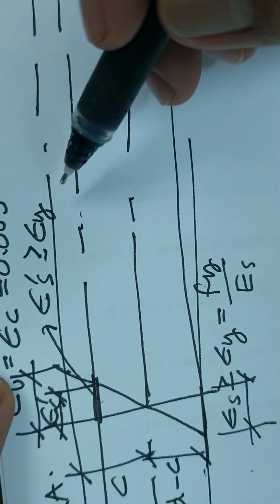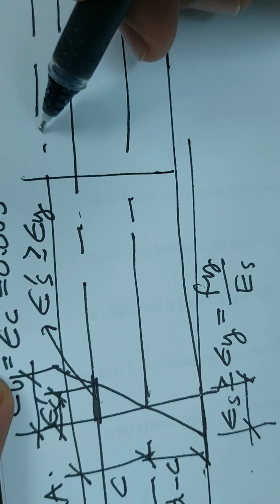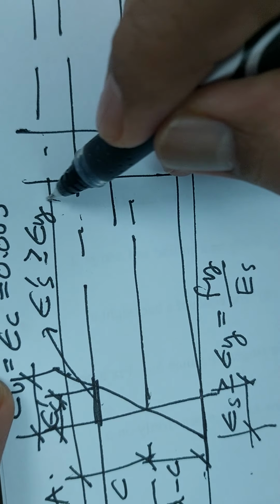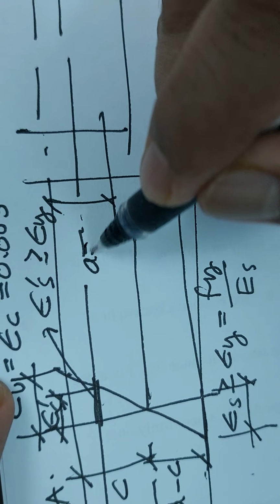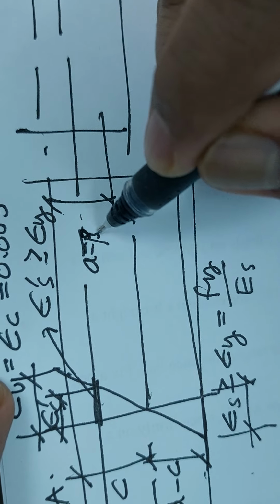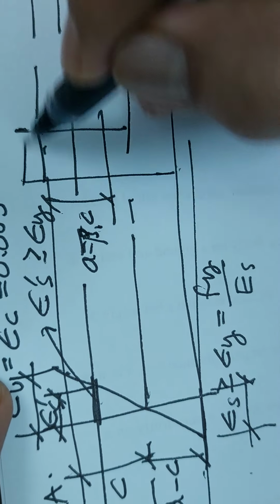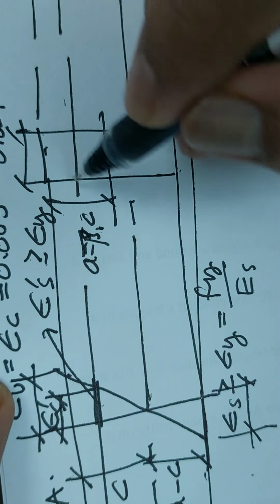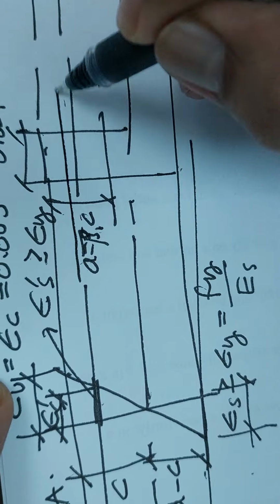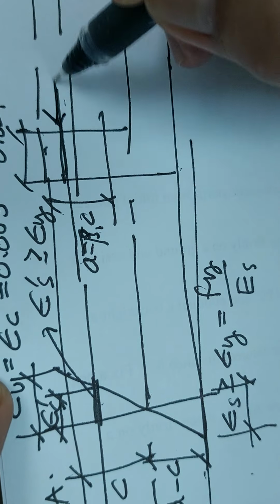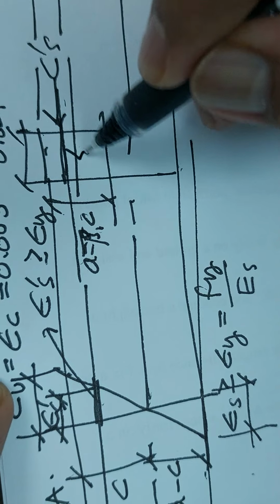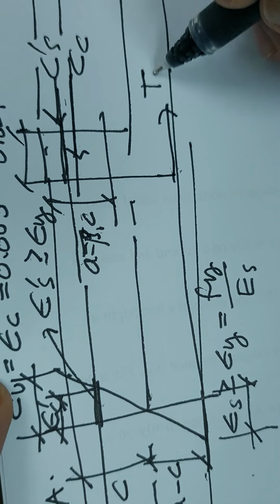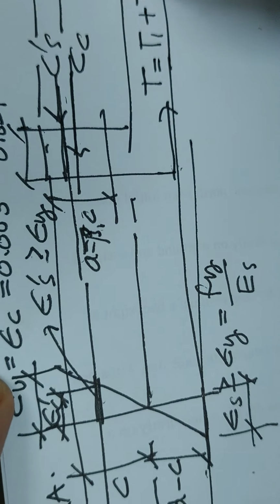Then the second is the stress diagram. For the stress diagram, still the same principle as for a single reinforced beam, beta sub 1 times C. The maximum stress is 0.85 F prime C. Then there is the compressive steel reinforcement and the compressive concrete, and the total tensile steel equal to T1 plus T2.